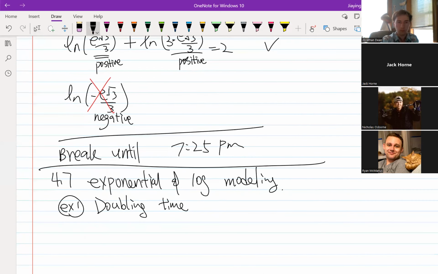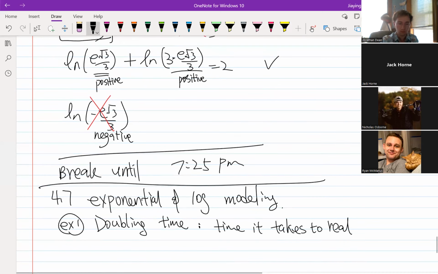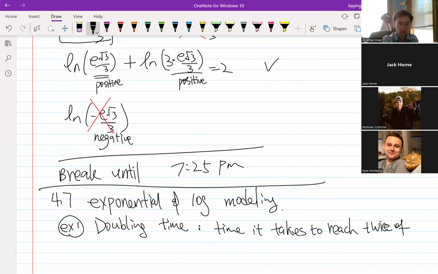What this means is the time it takes to reach twice the starting value. Well, you probably think, okay, what is this really? Well, let me give you an example.